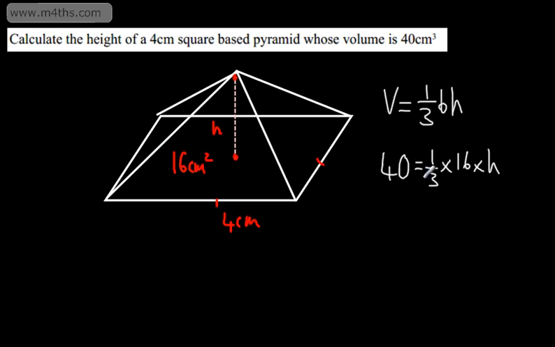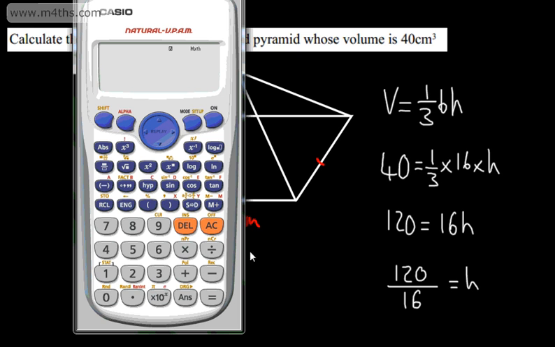If I multiply both sides by 3, what we've got then is 120 is equal to 16 times h, or we could just say 16h. So we could say 120 divided by 16 is equal to the height. So we're working this backwards, multiplying both sides by 3, dividing both sides by 16, and this will give us the height. If you want, you can work that out in your head, or you can use a calculator.